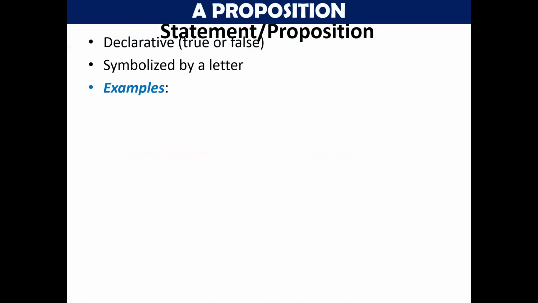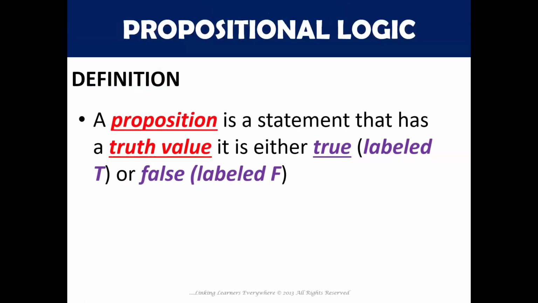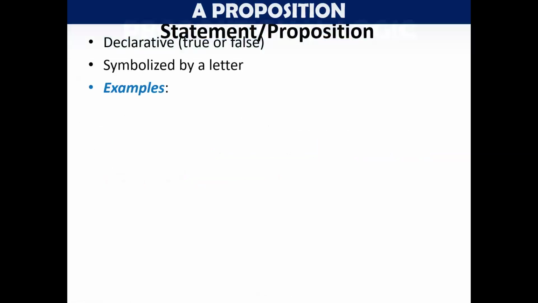Okay, so let's take these examples. What we want to understand is, are these statements propositions? If they are propositions, then they must be true or must be false. So we have to check each statement.